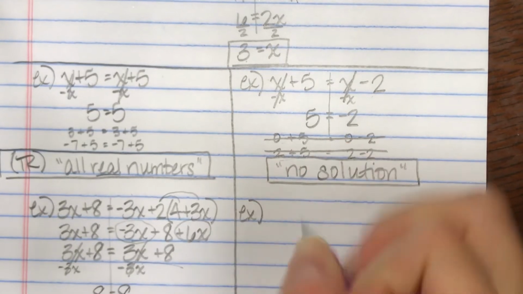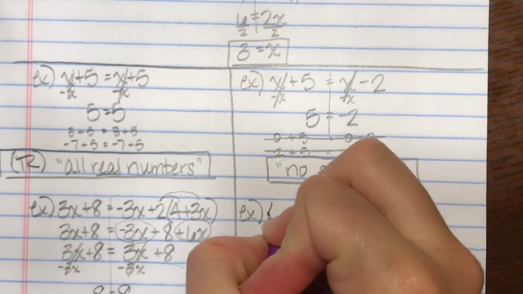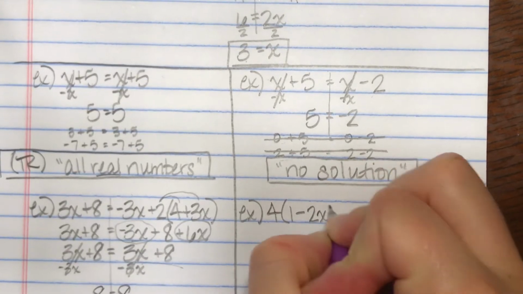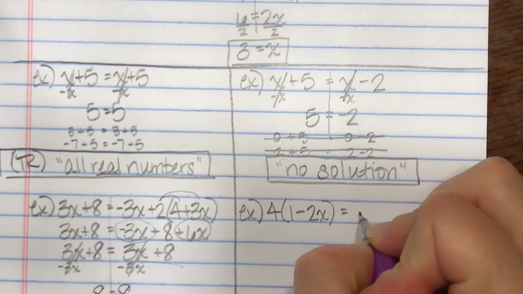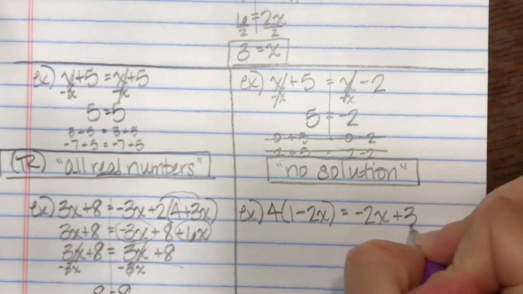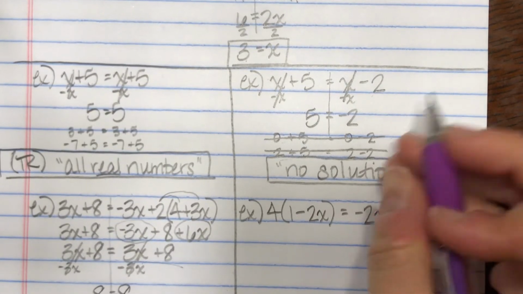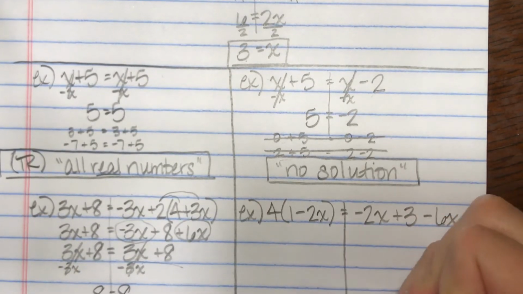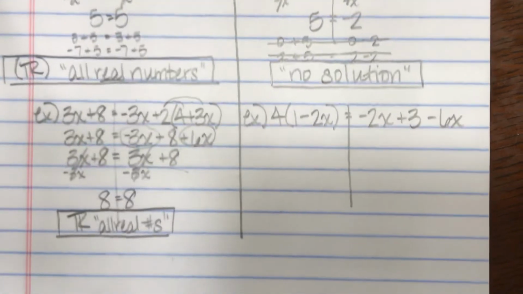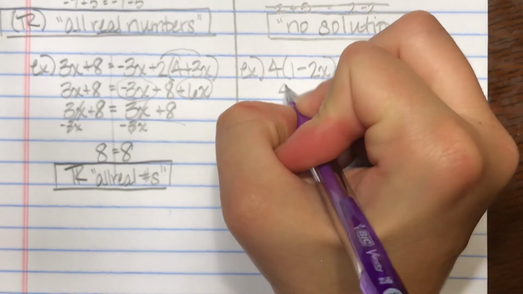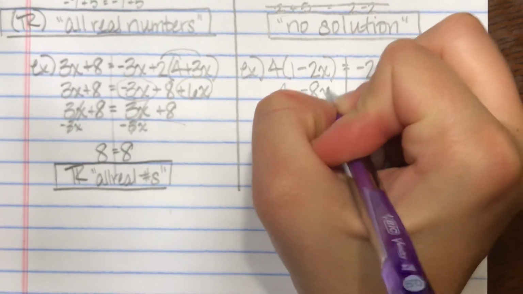Again, sometimes that looks a little more complicated. So 4 times the quantity 1 minus 2x equals negative 2x plus 3 minus 6x. Feel free to pause it if you want to give it a shot. I'm going to distribute and get 4 minus 8x.